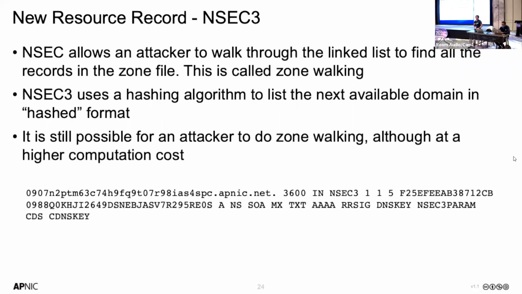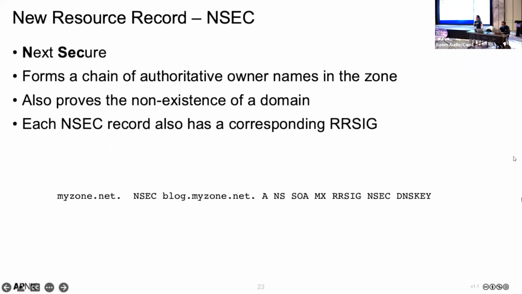One downside of NSEC is that this is exposed. You have this in text, which if I do a query, I know that there's an A record followed by an NS record, etc. So I can script this out and potentially get a full list of the full information in your zone file.